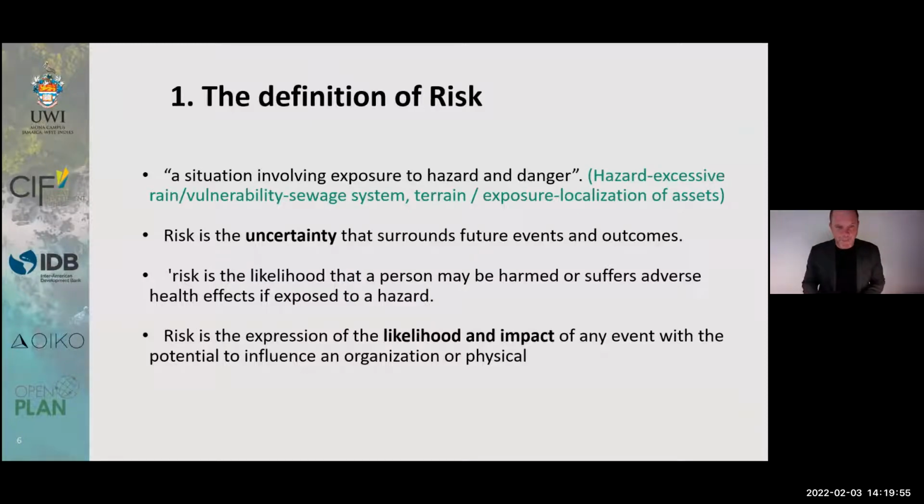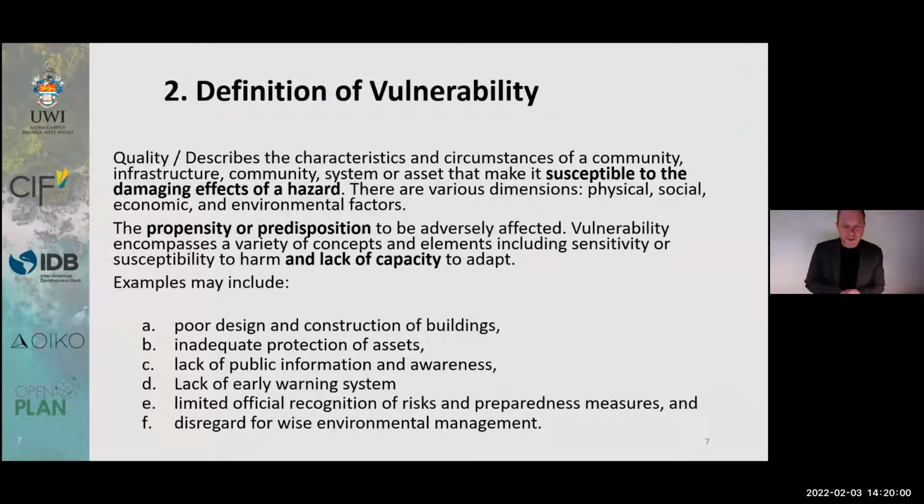So please, Simone, thank you. Definition of vulnerability: as we've described it, vulnerability is more a quality. It describes circumstances. I mention community, infrastructure, systems, assets. As you are aware, the level of sophistication of these characteristics, not only of human beings but also of communities and ecosystems, means that they are more vulnerable or more prepared.